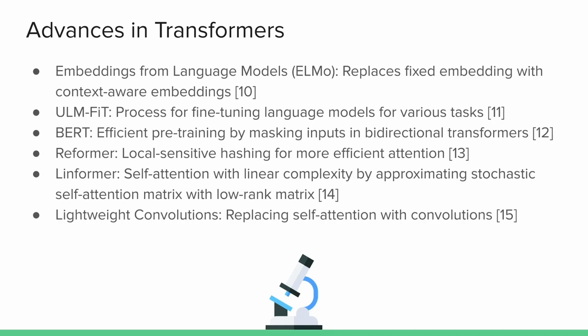Here are just a few examples of papers that came out in the last few years, starting with this initial idea of Attention Is All You Need, which is not just attention, it's also those normalization and other parts, but basically using attention for sequence modeling. These papers have advanced this idea. One would be Embeddings from Language Models, or ELMo, where we replace the fixed embedding with context-aware embeddings.